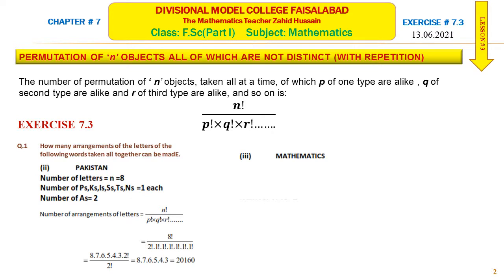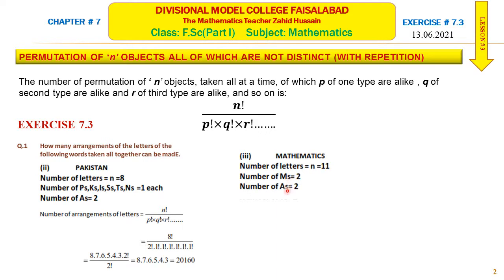Third part, the word is mathematics. In this word mathematics, some letters are occurring more than once. So we will use this formula. Here the number of letters is 11. The number of M's, M is occurring 2 times.